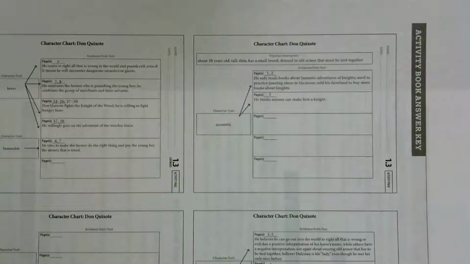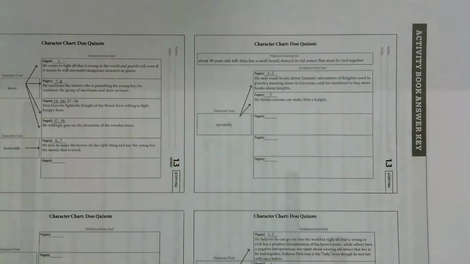He used to practice jousting alone in his bedroom, and he sold his farmland to buy more books about knights. Page 3 tells us he thinks anyone can make him a knight. So eccentric kind of means that he's unique. He's not ordinary. So if you put something like that, then you're right on task.